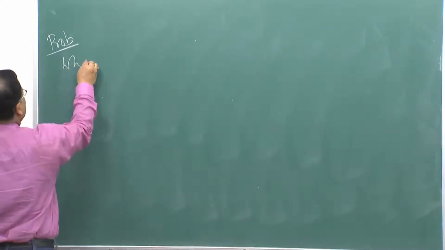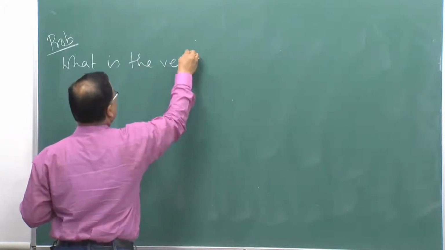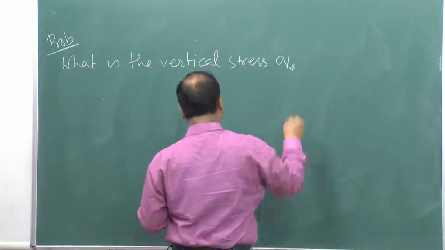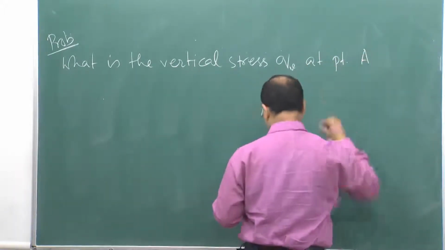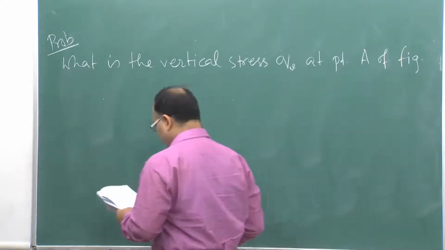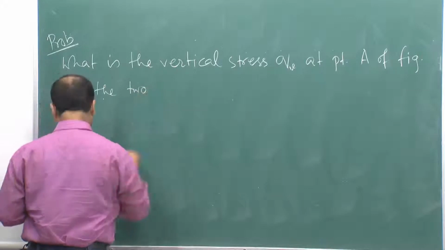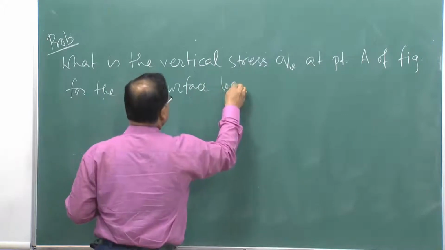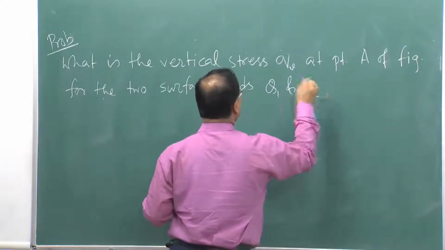Next problem says, what is the vertical stress QV at point A of the figure given below for the two surface loads Q1 and Q2?